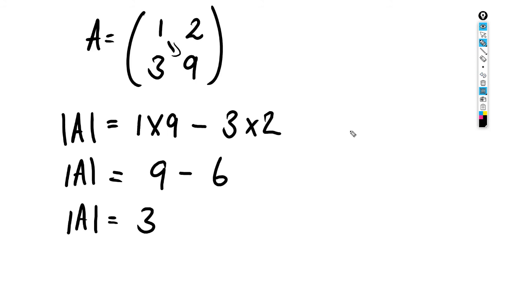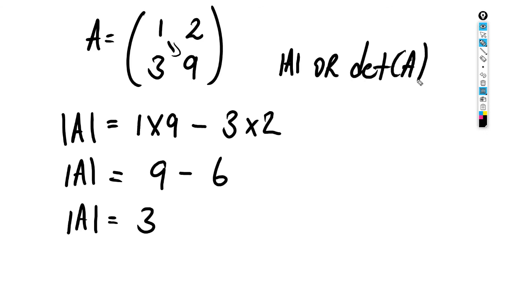Cool. So essentially you can write the symbol for the determinant in 2 ways. You can write it this way, or you can write what I wrote earlier, which is det A. But genuinely, I prefer this. It looks a lot neater, right?